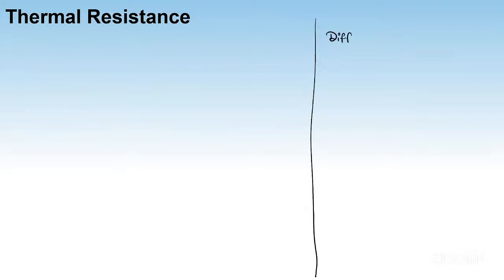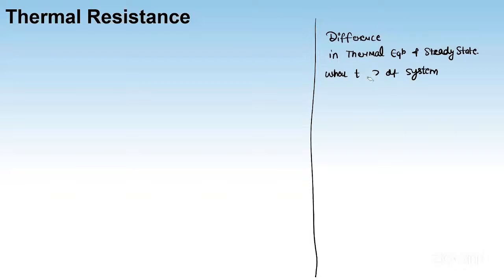Difference in thermal equilibrium and steady state. देखो स्टेडी स्टेट का मतलब है when temperature, because temperature is the only transferable value there. क्योंकि रेट ऑफ हीट ट्रांसफर we are denoting by the temperature difference. So when temperature of the system, or we say that rate of heat transfer is independent of time.